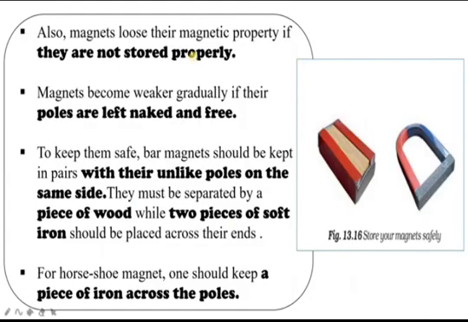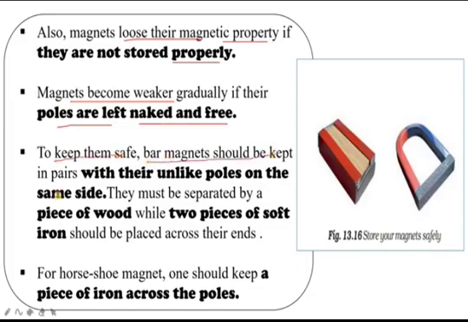Also, magnets lose their magnetic property if they are not stored properly. Magnets become weaker gradually if their poles are left naked and free. Note the point: if the poles are left naked and free, the magnet becomes weaker, and the attracting power becomes less. To keep them safe, bar magnets should be kept in pairs with their unlike poles on the same side.